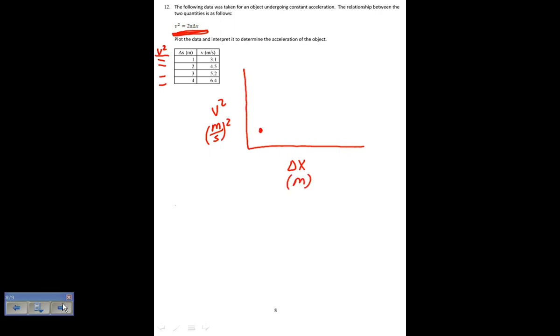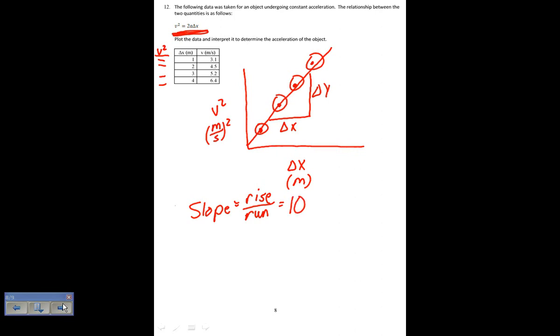You will get a straight line. Alright, and then you draw a triangle to show the slope. Delta y, delta x, that's rise over run. So the slope equals rise over run, which in this case the slope turns out to be 10.